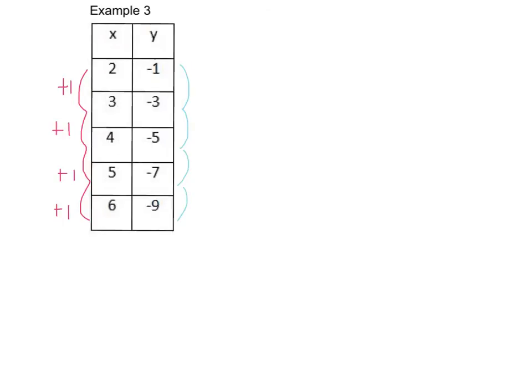In this case, it's going down by 2. So there can be negatives involved. So once again, we're trying to find a rule that looks like y equals mx plus b.